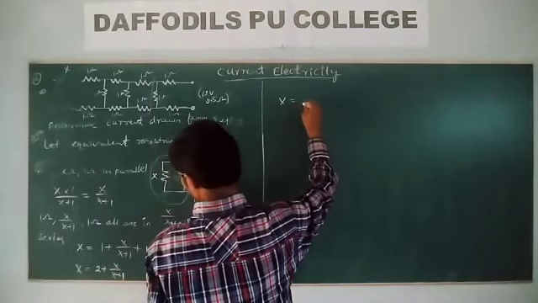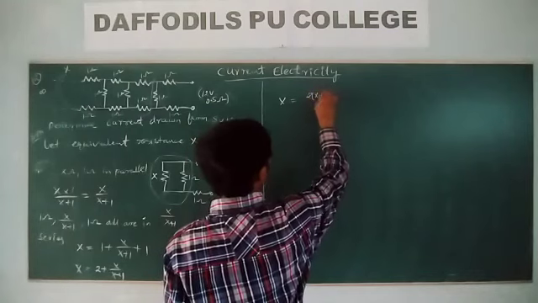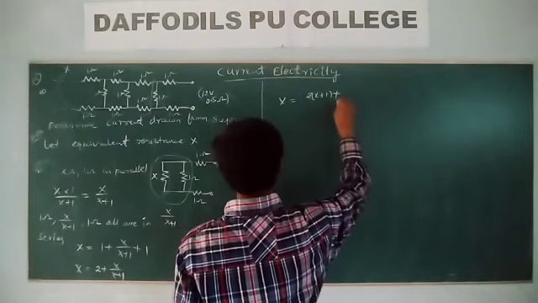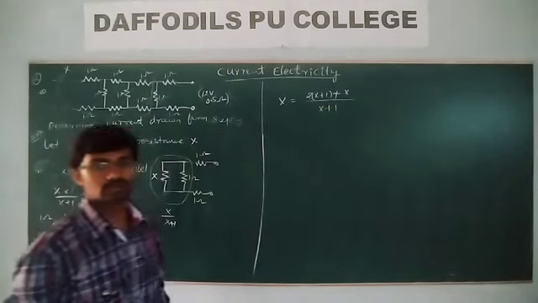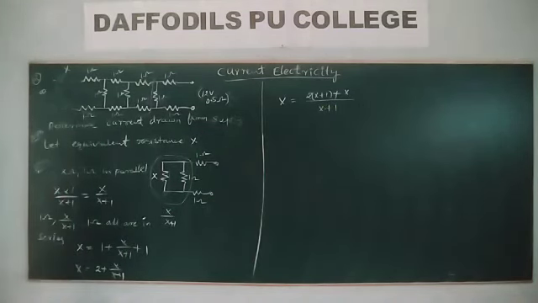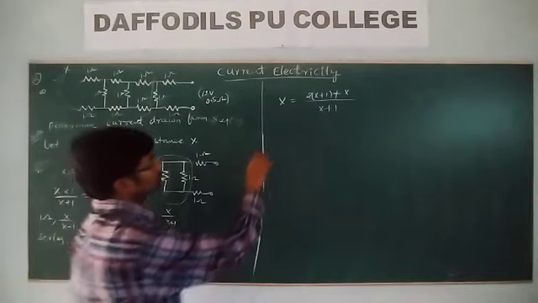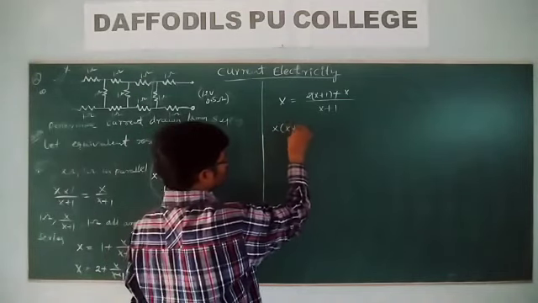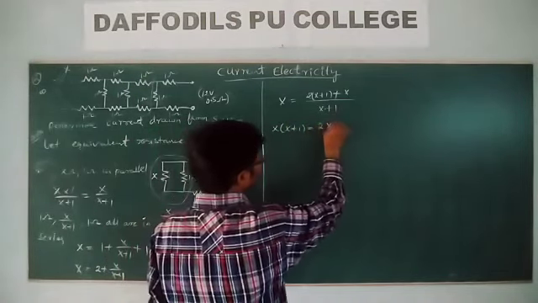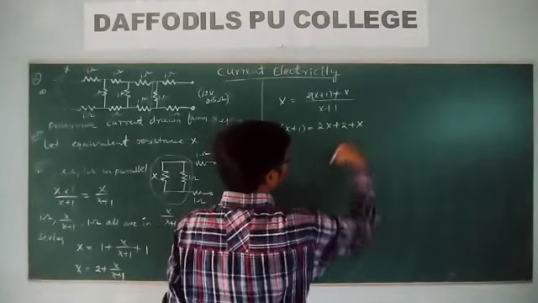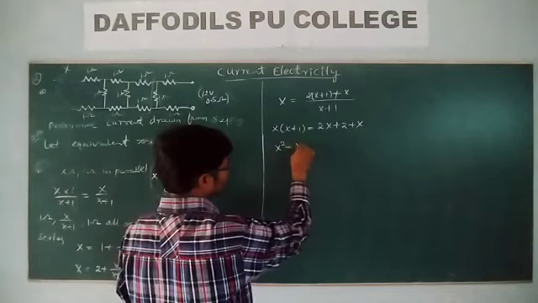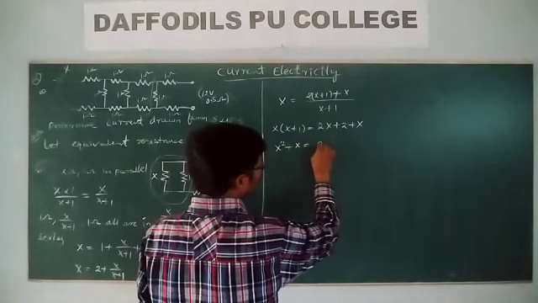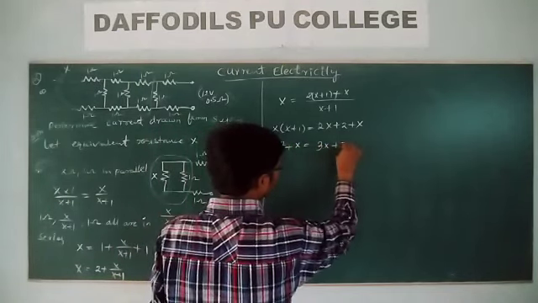X is equal to 2 into X plus 1 plus X, over X plus 1. Now X into X plus 1 is equal to 2X plus 2 plus X. And expand this one. X square plus X is equal to 3X plus 2.